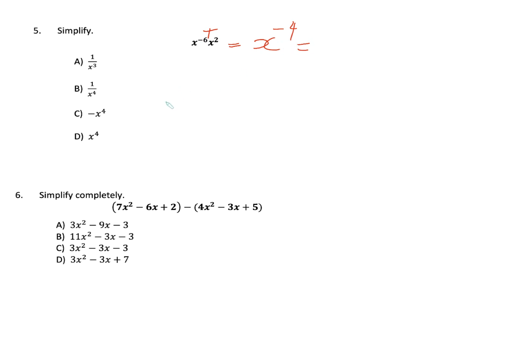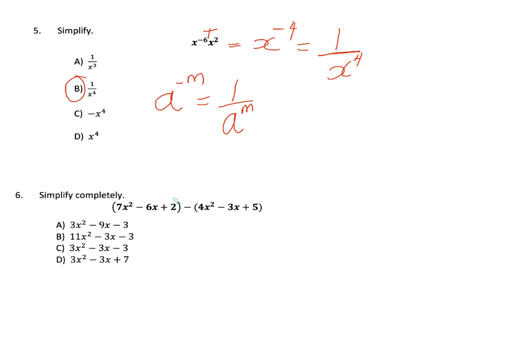And the negative rule states that if you have a to the negative m, and you want to write it in the positive, you write the reciprocal, which is 1 over a, and then your exponent now becomes positive. So we're going to apply that rule here. So this would be 1 over x, and then your exponent becomes positive. And who does that look like? B.